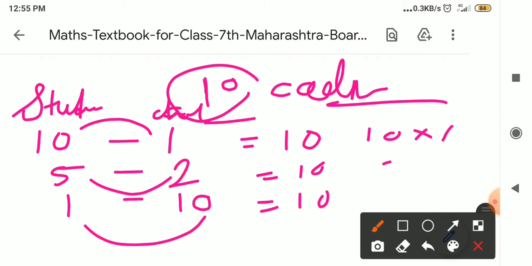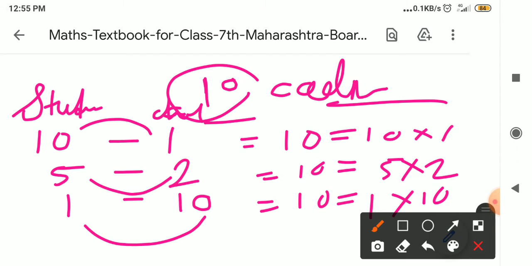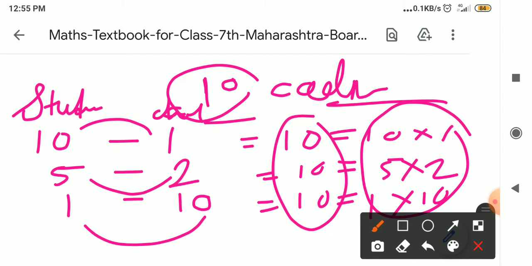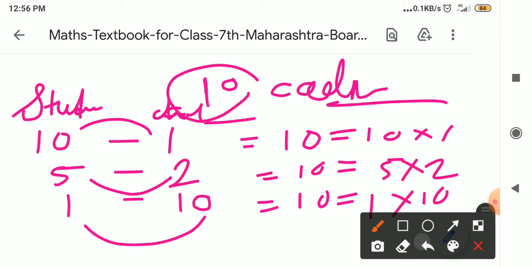As we saw in direct proportion, the ratio of two quantities is the same, but in inverse variation, the multiplication of two quantities is the same, meaning the number of Cadburys remains constant. So this is the example. If one quantity increases, the other decreases, and if one quantity decreases, the other increases. This type of proportion is called inverse proportion.